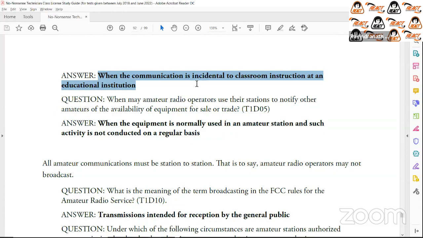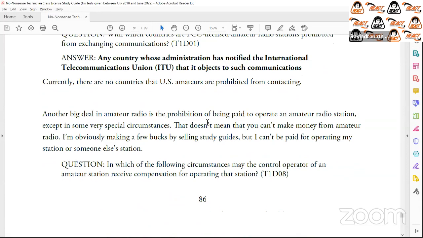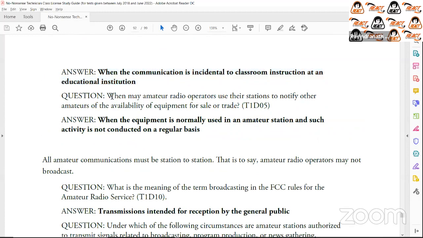So that's a case where there can be some compensation. As a teacher, you're compensated for teaching, all right? But other than that, as a ham, you may not receive compensation for operating your station, right? In other words, it's a very noble undertaking, giving back freely and willingly to society and the community.